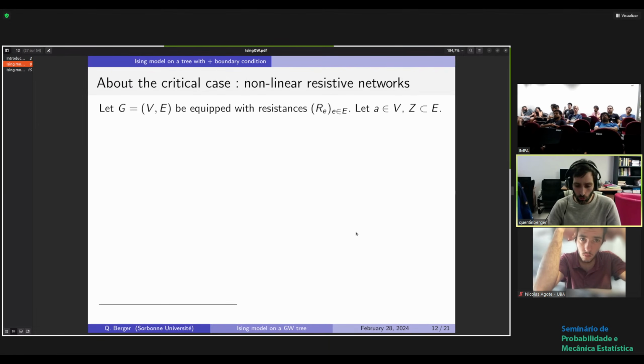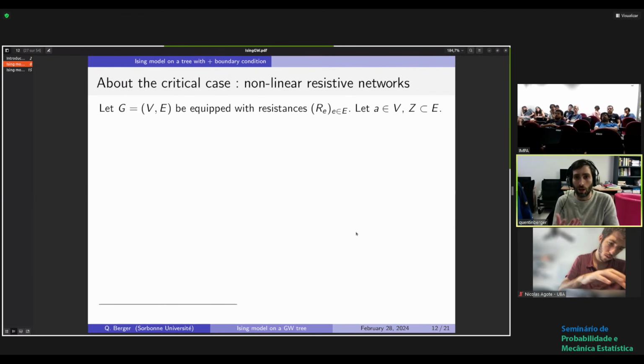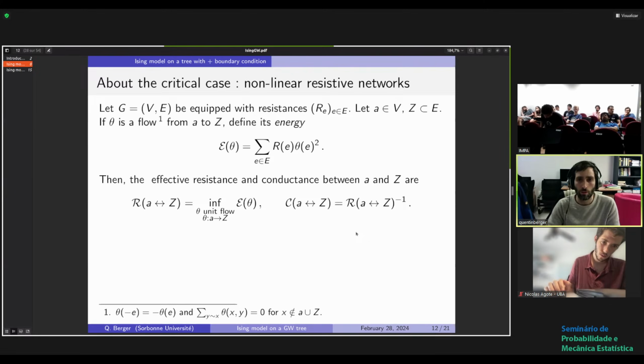So first, I will recall how networks with resistances work, and tell you how you adapt that to have nonlinear resistive networks and how it's related to the Ising model. If you're not familiar with resistive networks, it's okay, I'll give you the definition.